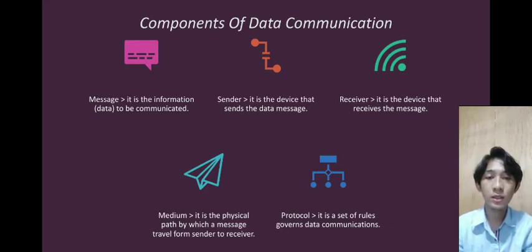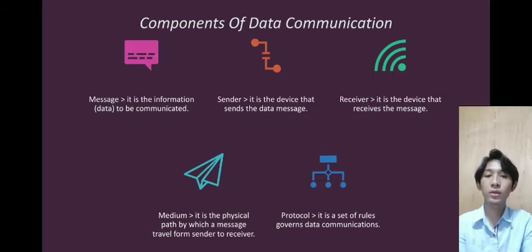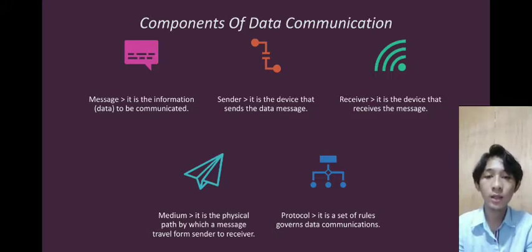It is a device that receives the message. It will receive the message that the sender sent. Medium. It is the physical path by which a message travels from sender to receiver. This is the item or medium that the sender used to send their message or the data.